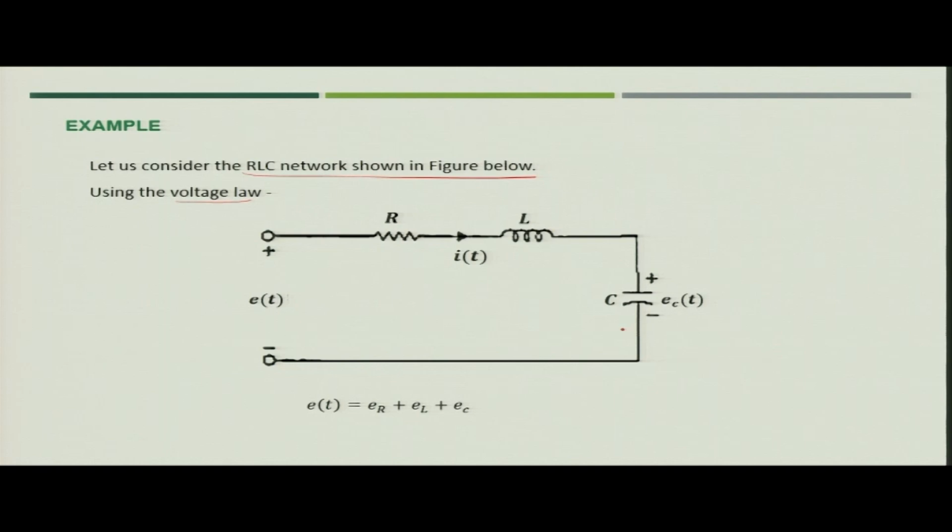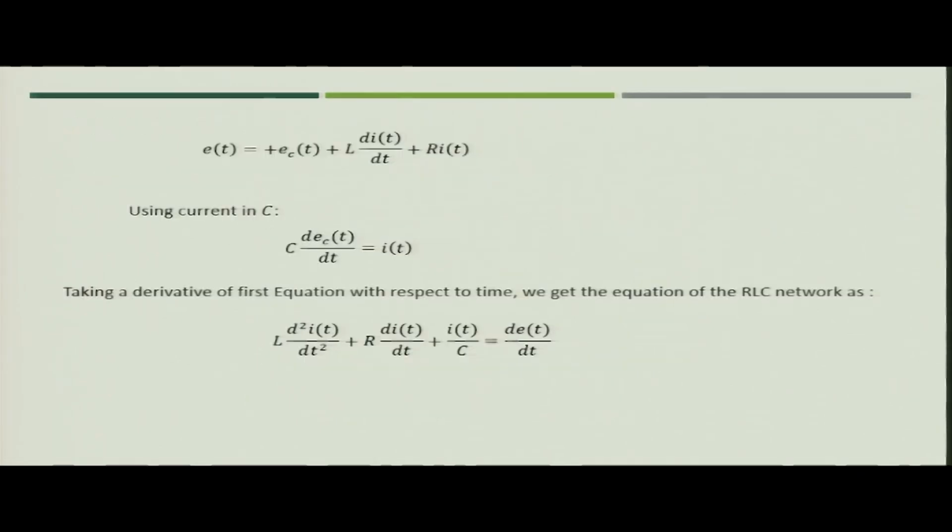The voltage across the capacitance is EC and the current flowing through the circuit is I. So, what can we write? The applied voltage E is nothing but the voltage drop across resistance, inductance and capacitance. So, we write E equals ER plus EL plus EC.